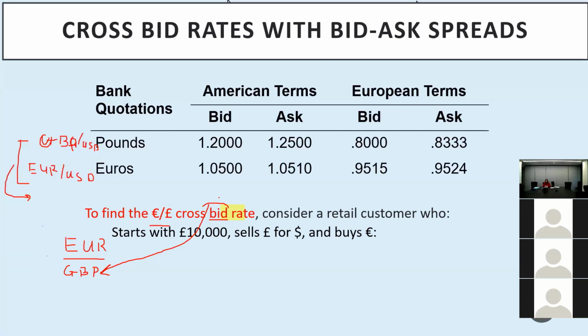This strategy would be very similar, would be equivalent to a strategy when a client goes to sell the pounds to the bank to get the euro, right? Okay. So the reason why the customer is selling the pound here is because they are selling to the bank, right? So they're selling at the bid rate to the bank, okay?